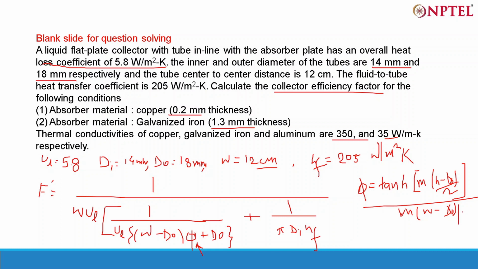Okay, so you know everything. Now put the values here and get the value of phi. Then after getting the value of phi, put it here and get the value of collector efficiency factor.